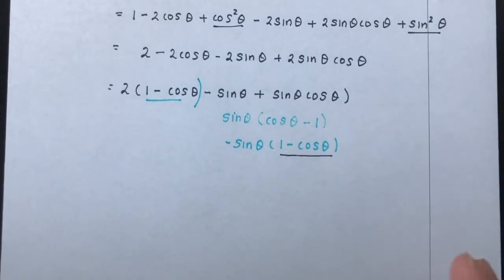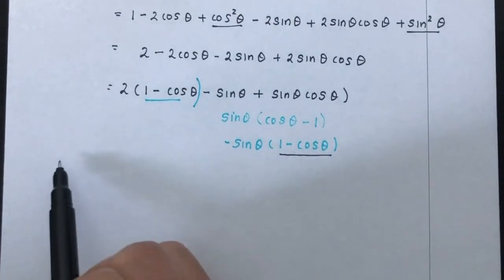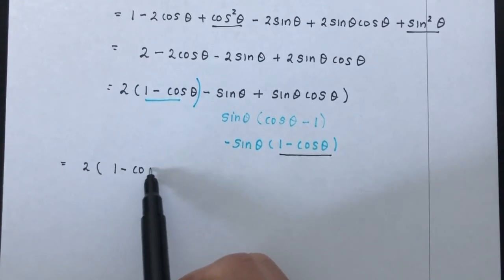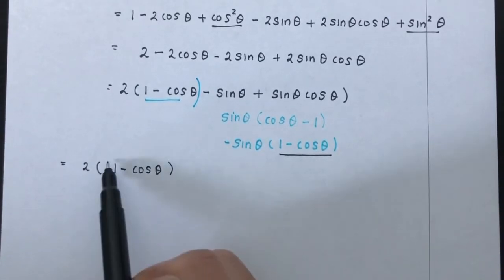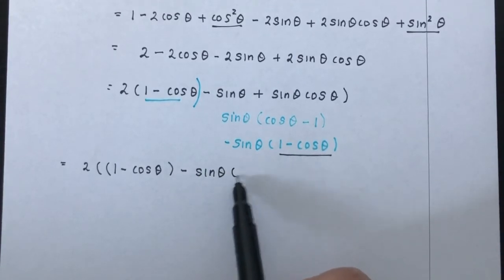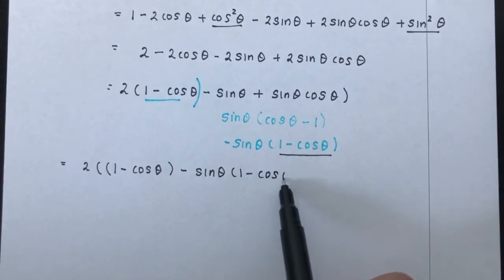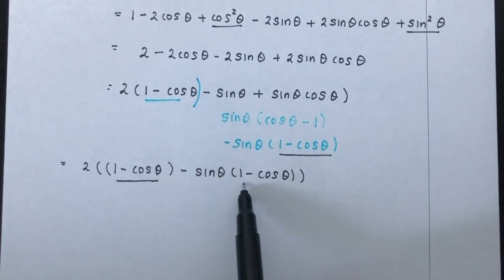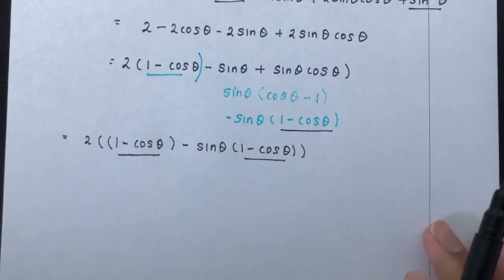But first let me rewrite this down so you can understand better. So right now I have 1 minus cos theta on one side, and then I have minus sine theta, 1 minus cos theta on one side. So this and this are the same. You can take it out, factorize, right?